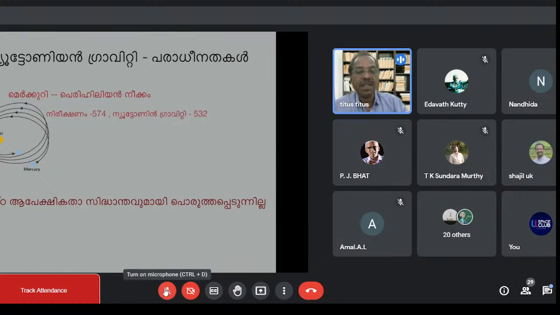This discrepancy is still there. So, however small it may be, a discrepancy is always a discrepancy, right? So at least some persons who lived in Newton's time thought that this may not be the complete theory of gravity. We must understand gravity further to make a new law or a complete law which describes gravity completely, right? But the major threat to this very law came in the year 1915.